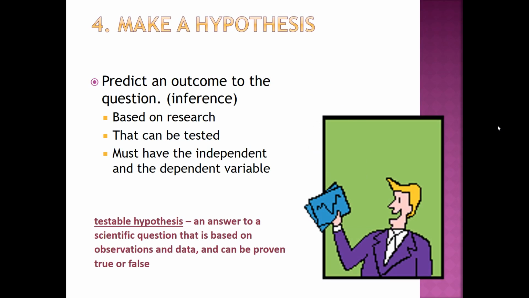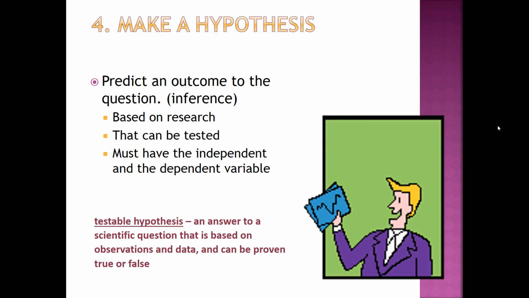Now, after we research, we can make a hypothesis. We're going to predict an outcome to the question based on our research. So based on our research, let's say one scientist said that water is going to be boiled at 90 degrees Celsius, and another scientist said water can be boiled at 100 degrees Celsius. Well, how about let's go in between.